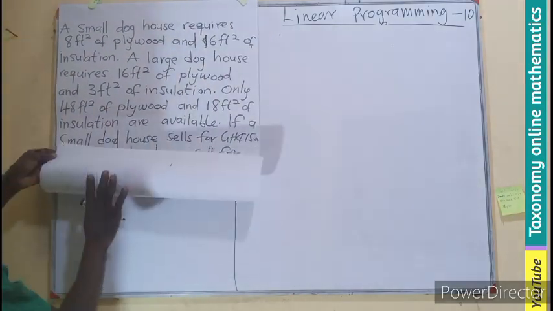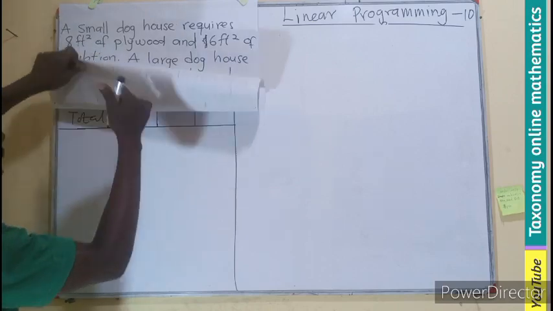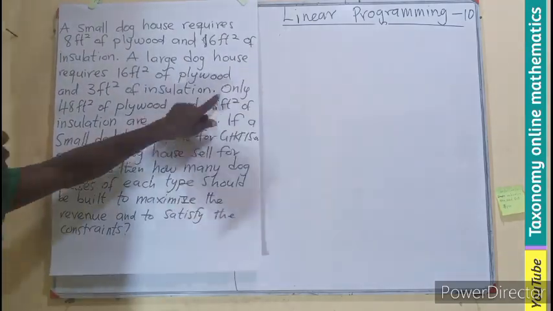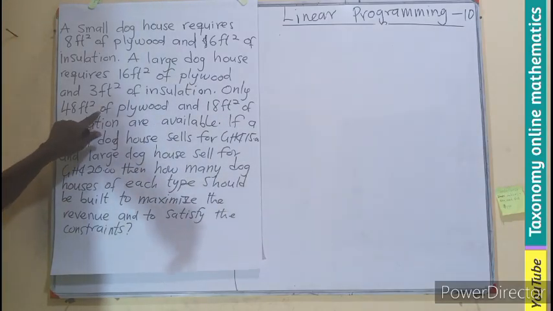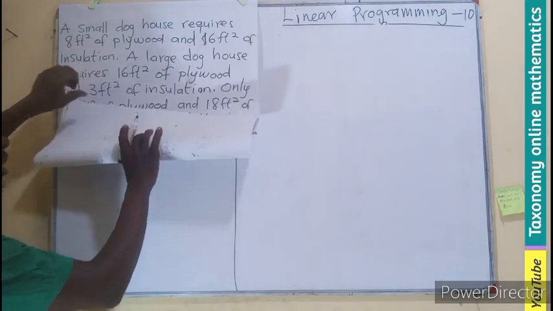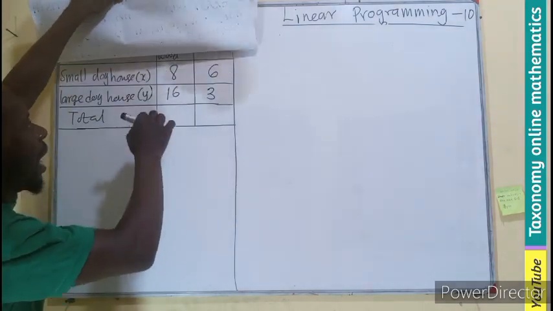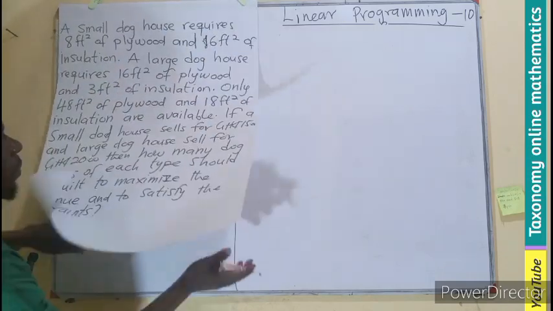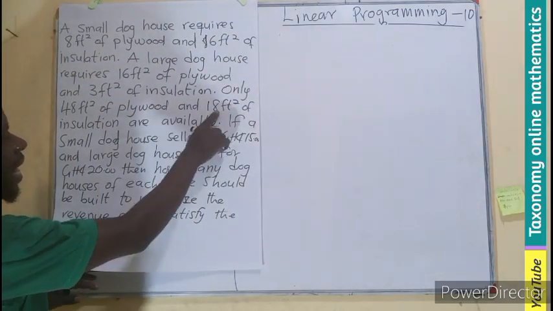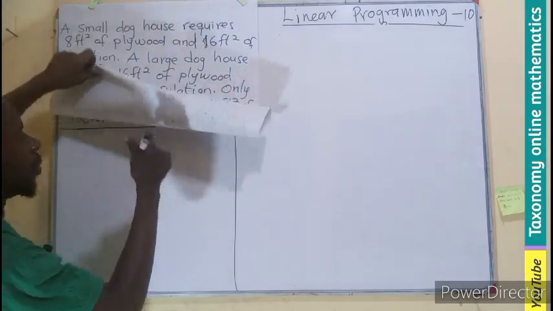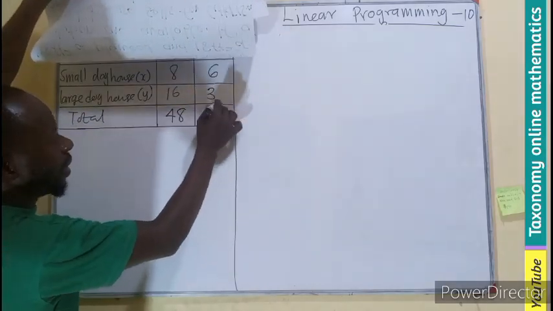Then 3 feet of insulation. Then only 48 feet square of plywood are available, meaning in doing the large and the small, we need only 48 feet square. Then 18 feet square of insulation are also available, so we are going to have 18 as total.